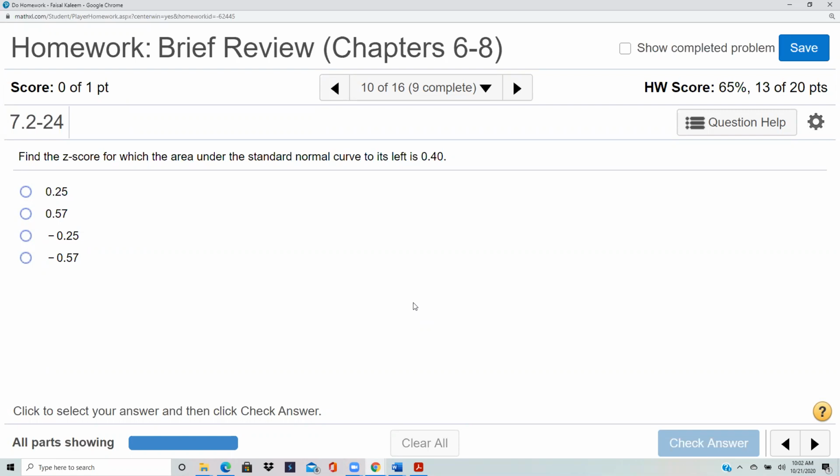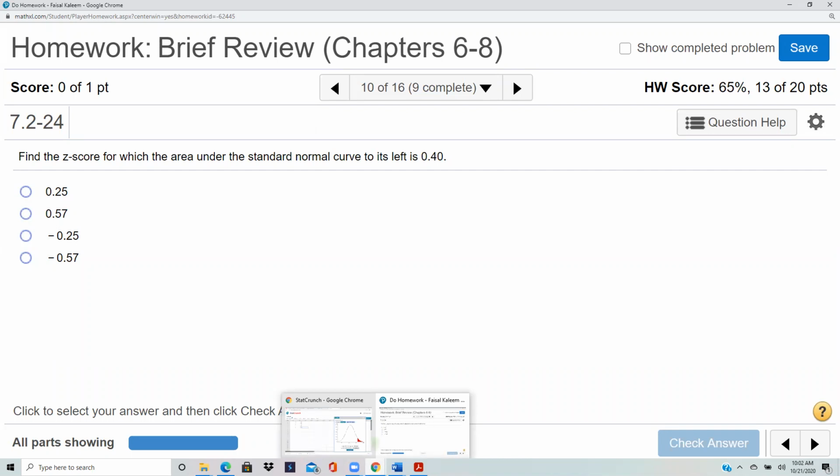So, wasn't there a problem exactly like this before? Find the z-score for which the area to the left is 0.4. I think it was a little different, like in the wording.